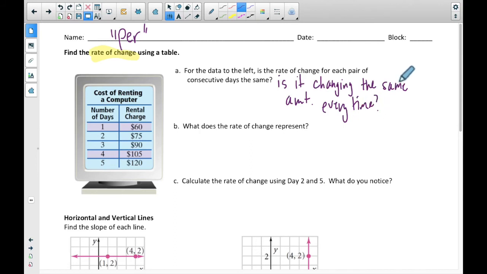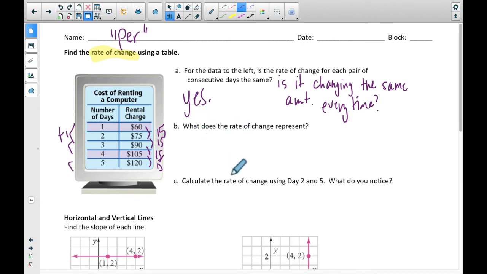Is it changing by the same amount every time? So if we look at this, it's going up by 1, 1, 1, 1. So these definitely are going up by the same amount every time. Over here, what's this going up by? It's going up by 15. And how about this one? Also 15, also 15, also 15. So the answer is yes.